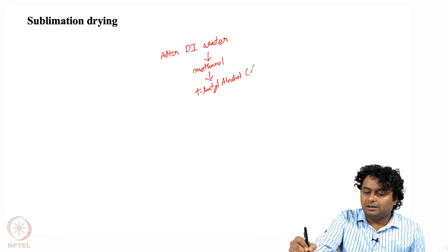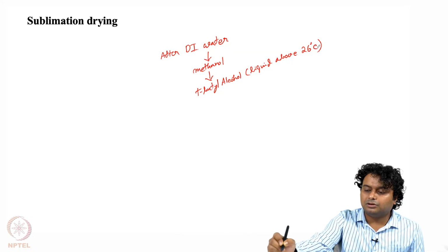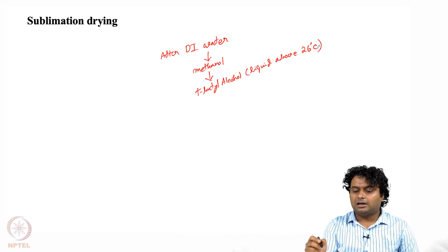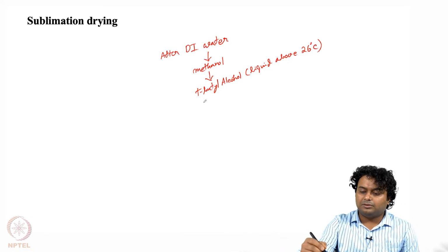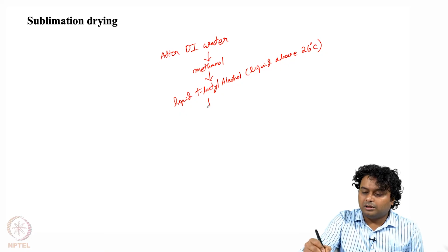And this is in liquid phase above 26 degrees centigrade. So it melts at 26 degrees centigrade, and we put in liquid tertiary butyl alcohol. So this is liquid, and then we refrigerate it, meaning we put it in a freezer.